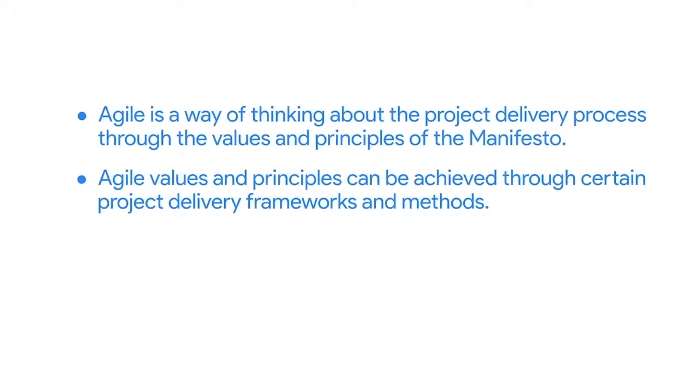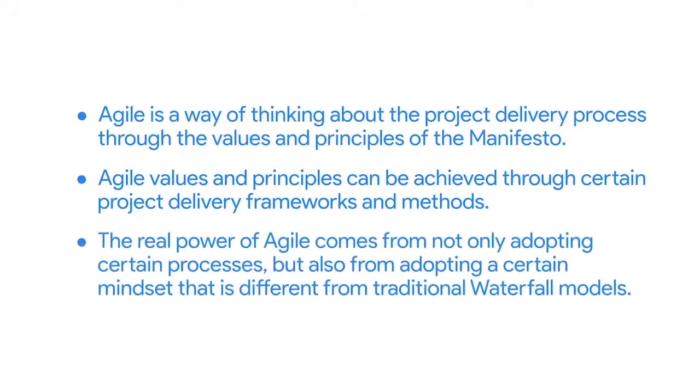These 2 ways of applying Agile demonstrate that the real power of Agile comes from not only adopting certain processes or strategies, but also from adopting a certain kind of mindset, one that is necessarily different from the traditional waterfall models. This means that you can still get some benefits from thinking in an Agile way and seek to apply those Agile values and principles from the Agile manifesto, even when you need to use a waterfall delivery approach.